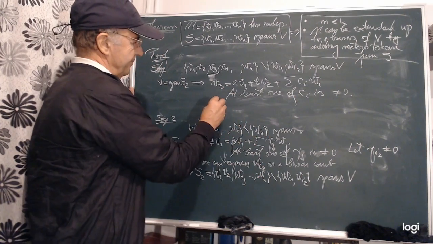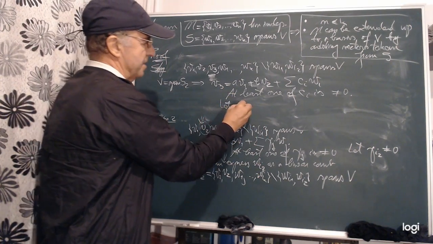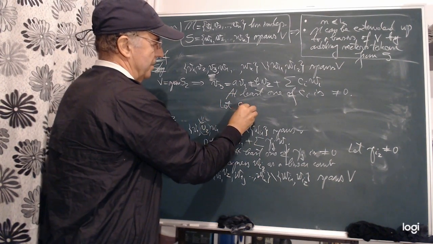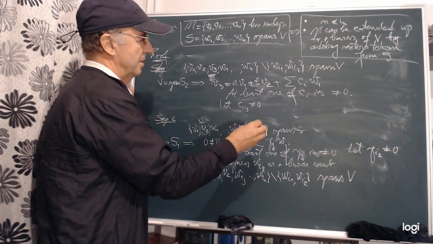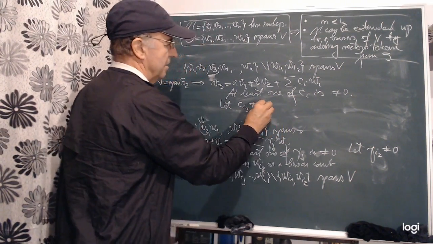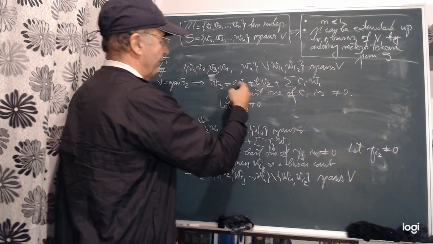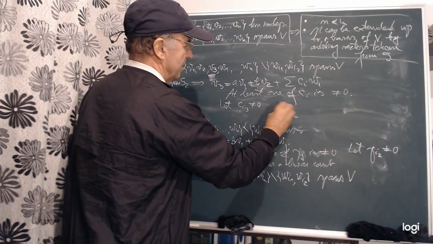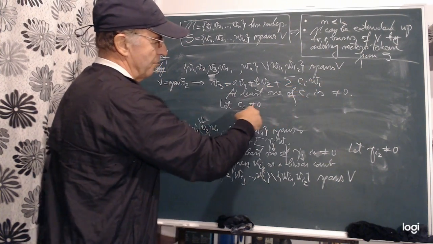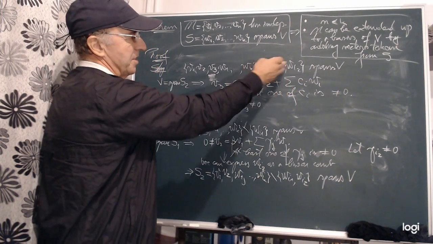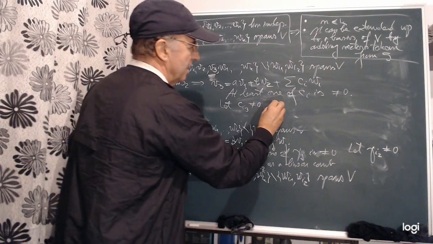Let ci3 be different from 0, and from this relation we can express Wi3 as a linear combination of the other vectors.